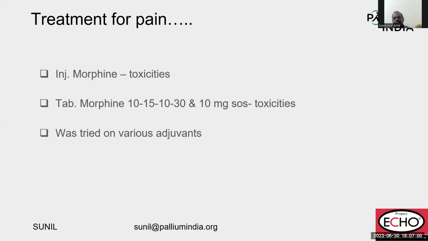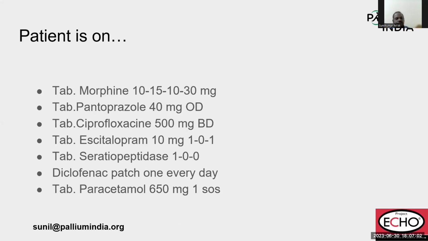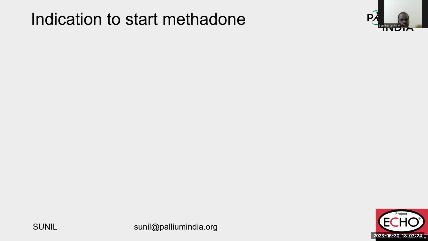They also tried him on various adjuvants. And this is the prescription the patient has: tab morphine, pantoprazole 40 milligram OD, ciprofloxacin 500 milligram BD, escitalopram 10 milligram BD, serratiopeptidase, diclofenac patch 1 every day, then tab paracetamol 650 milligram SOS.